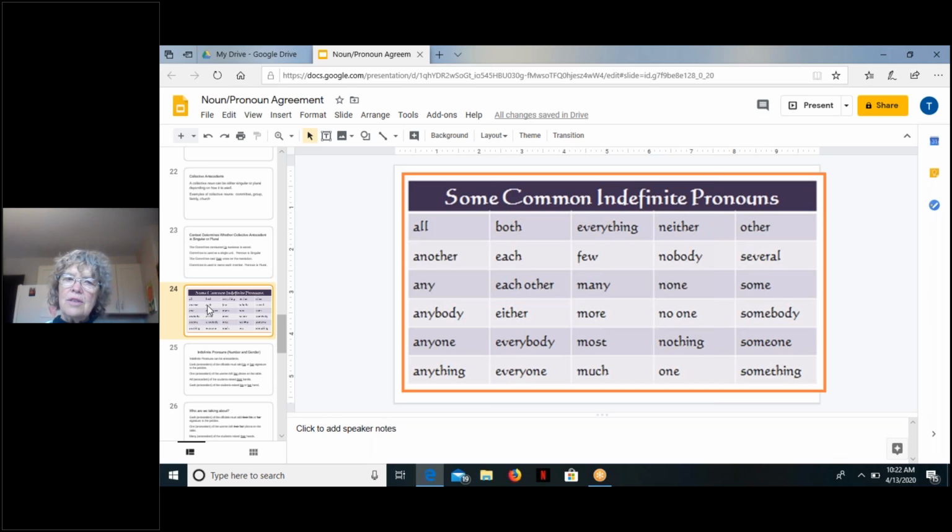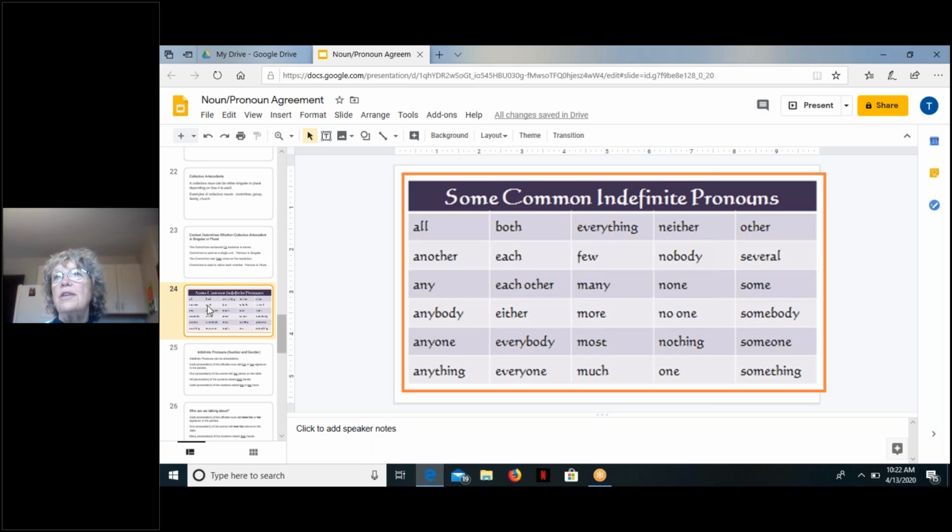And look at those words: all, everything, somebody, something, anything, everyone. Within the context of a sentence that uses one of those words, there is meaning. We know who we're talking about.